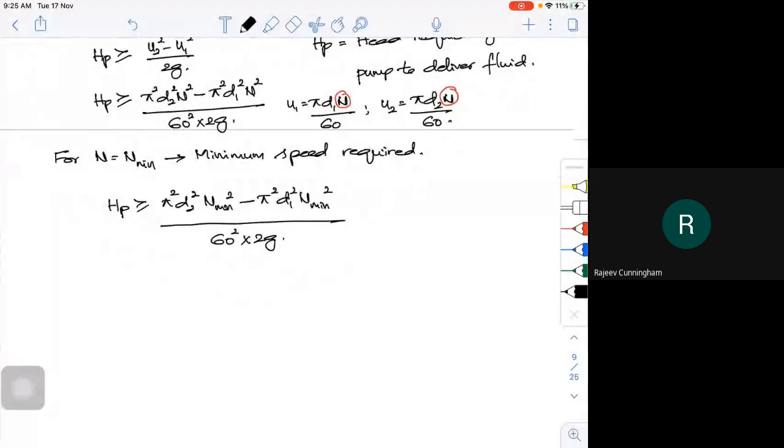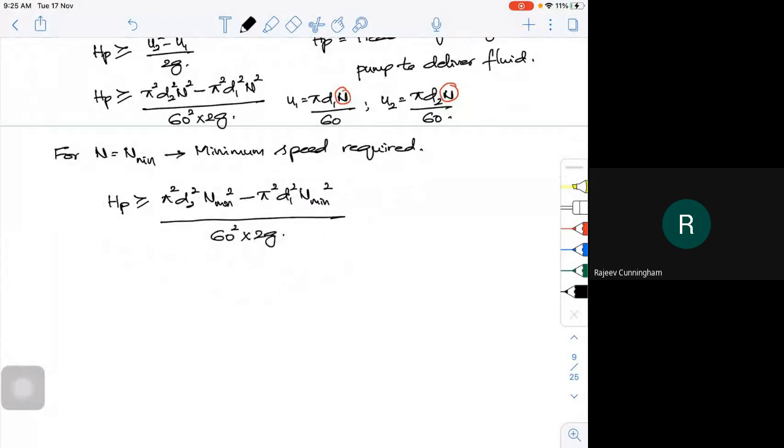So now I'll do a little bit of cross multiplication. I want n minimum square. So n minimum square is greater than or equal to 60 square into 2g into HP divided by pi square into d2 square minus d1 square.